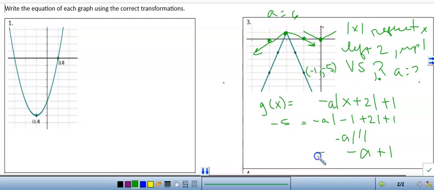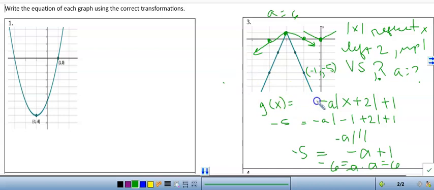And then I'm going to have -a plus 1 equal to -5. Now I'm going to subtract 1 from both sides to get -a equals -6. And then I'm going to divide both sides by -1, and I know that a is going to be +6. So I now know that I have a vertical stretch by 6, which is what I thought it was at the beginning.